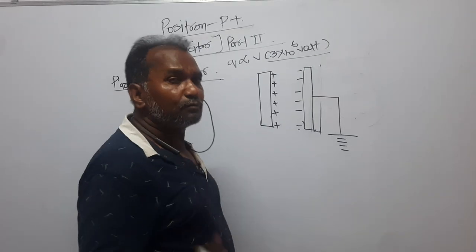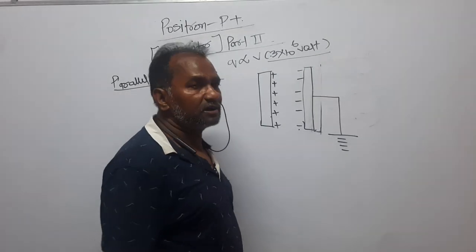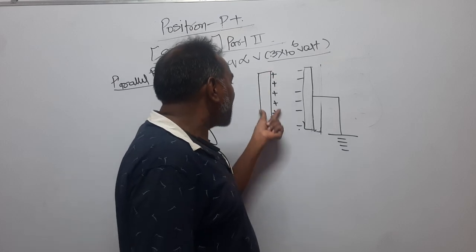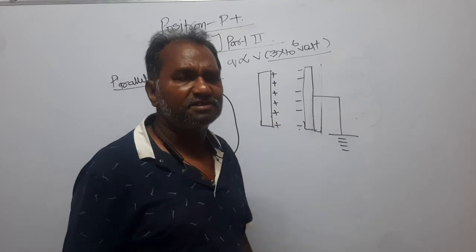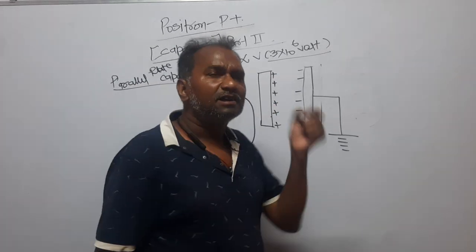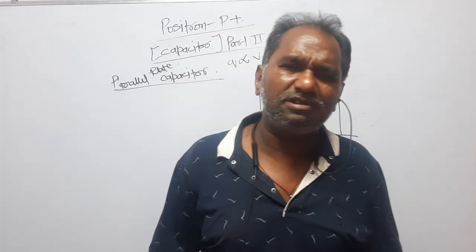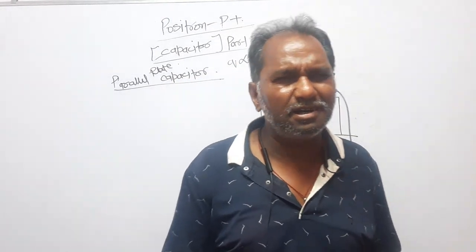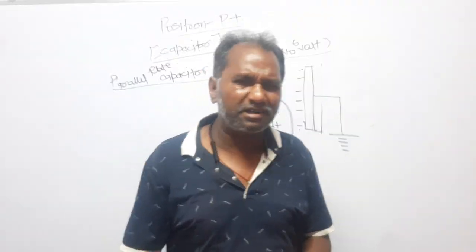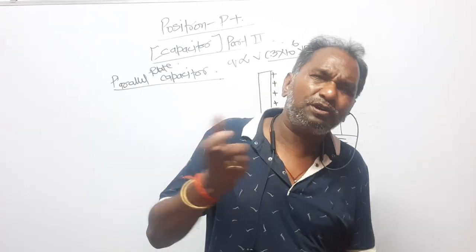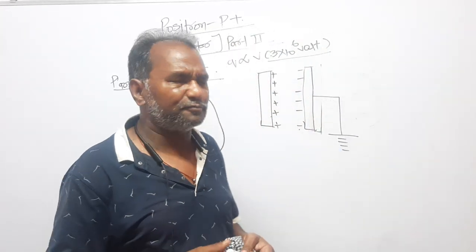So dear students, I am repeating that this is the plate of a capacitor. Everything in this universe is a capacitor, whether it is a living or non-living body; everything has its own capacity to store a bit of charge.